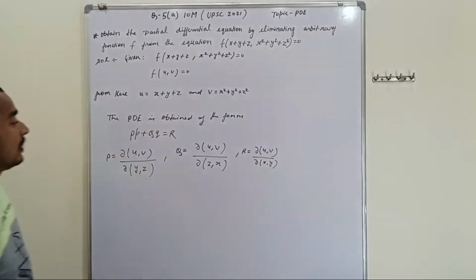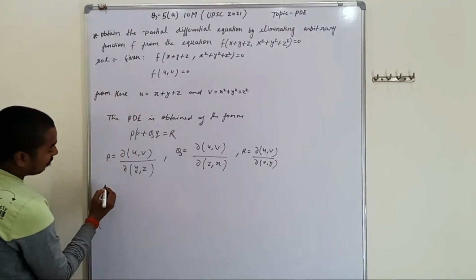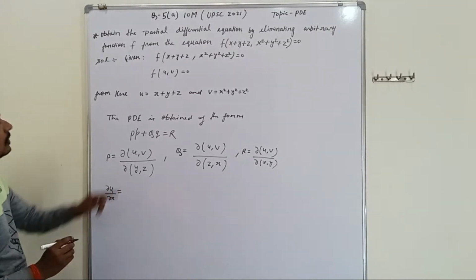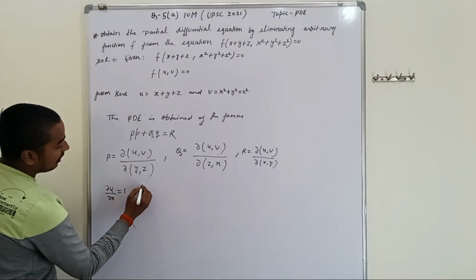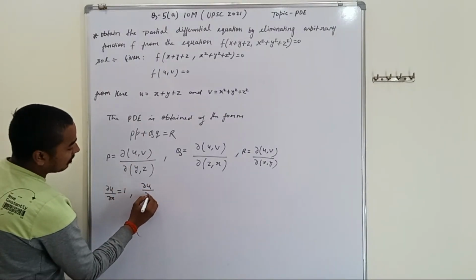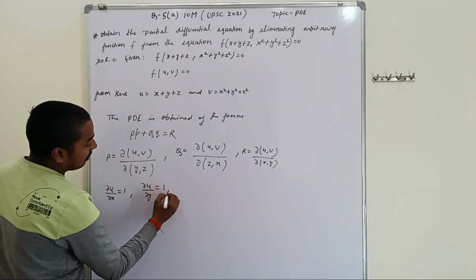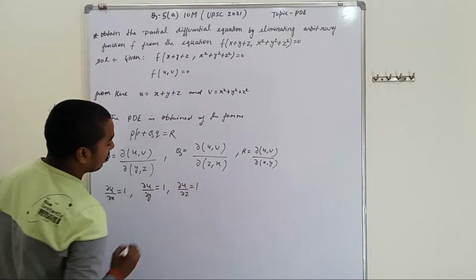We have to first find del u upon del x, that is 1, and del u upon del y is also 1 and del u upon del z is also 1.